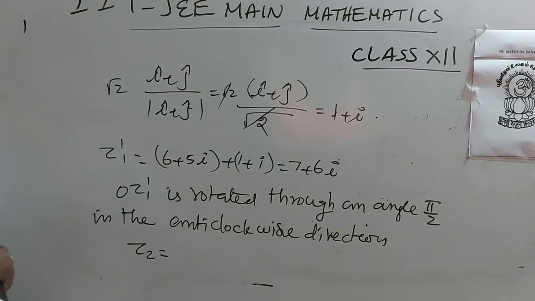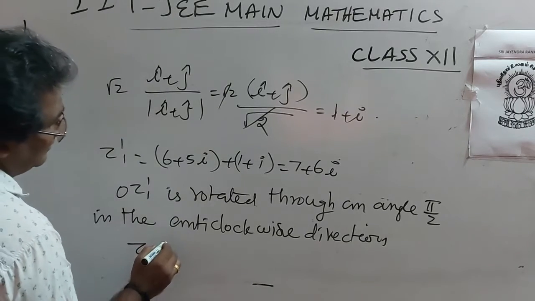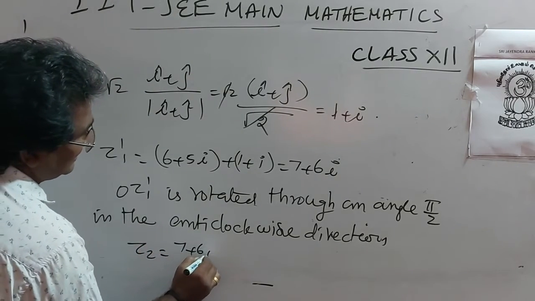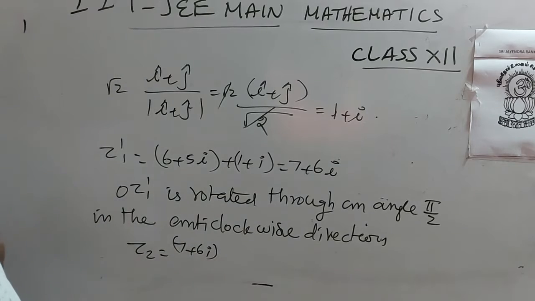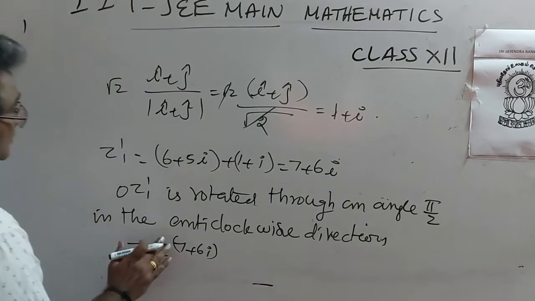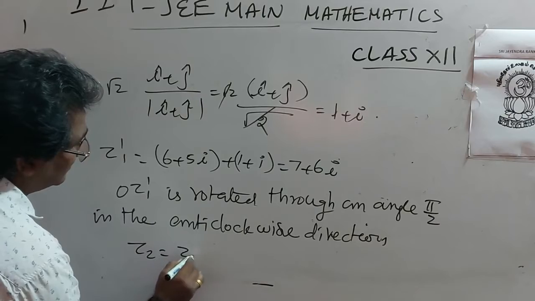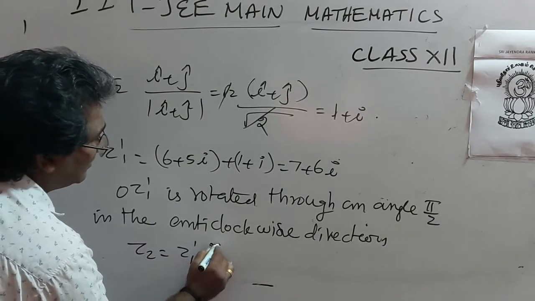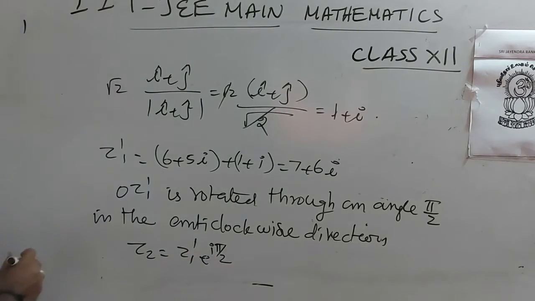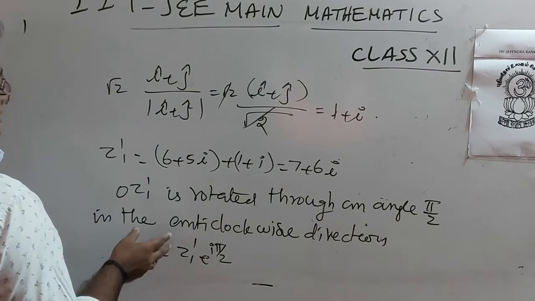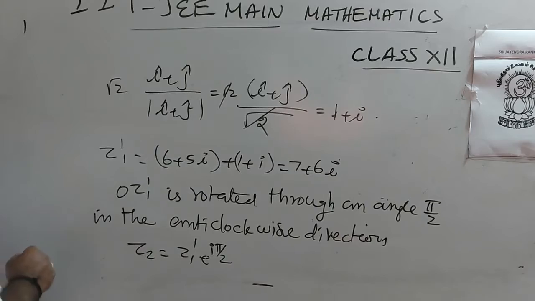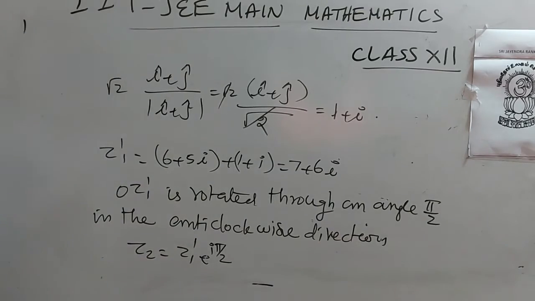Z equal to 7 plus 6i, or Z1 dash, into e power i pi by 2. So this is a 90 degree rotation. It is equal to multiplied by e power i pi by 2.